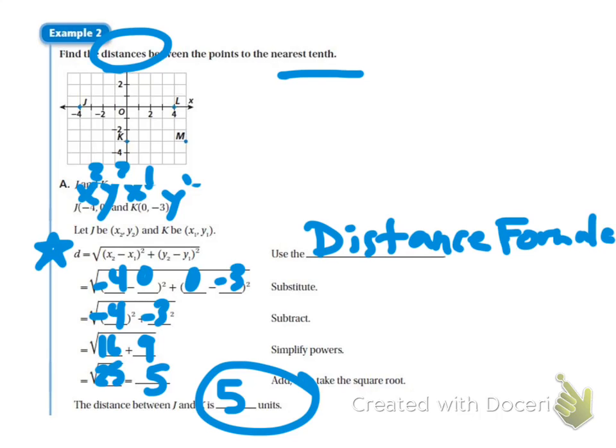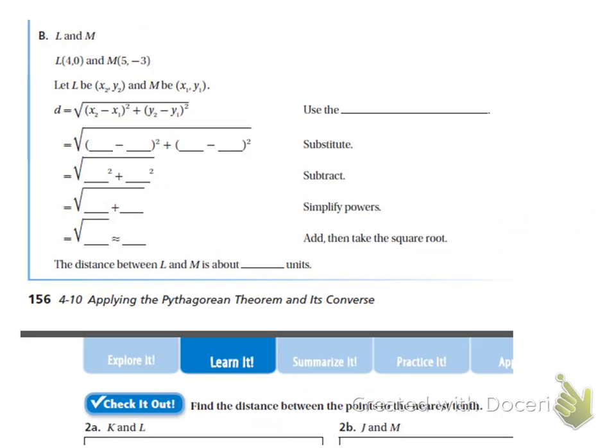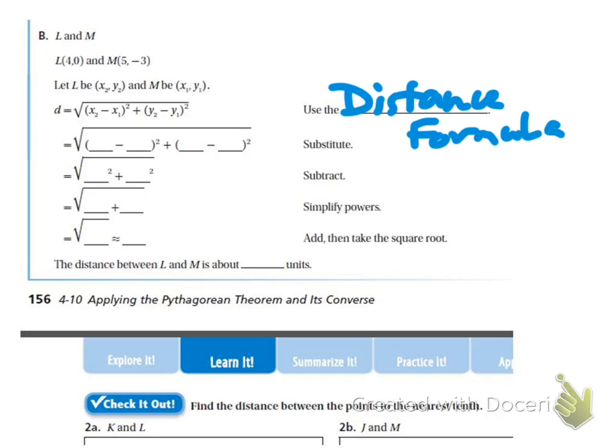Okay, let's try the next one. We're going to use the distance formula again, and we're going to substitute. So we first have to do x2, which is 4, x1, which is 5, y2, which is 0, and y1, which is -3.